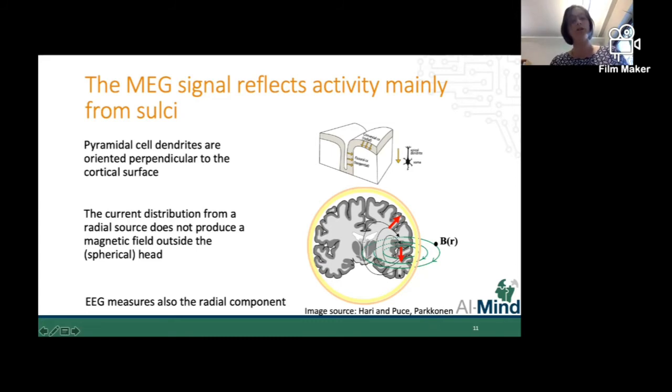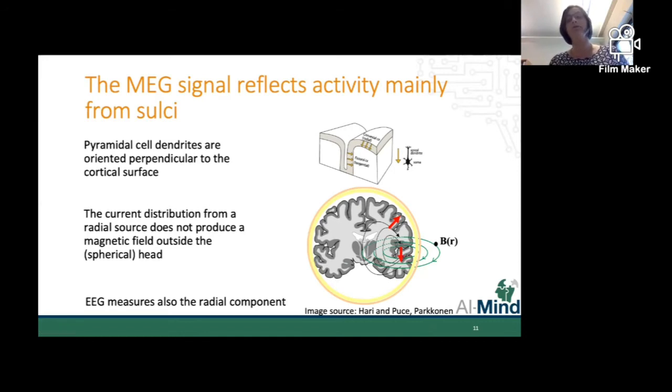In a tangential source, a source that would be located inside a sulcus, the symmetry is broken, and the volume currents that flow have a different path that they can take on each side of this primary current.